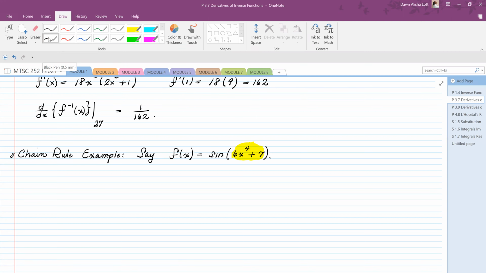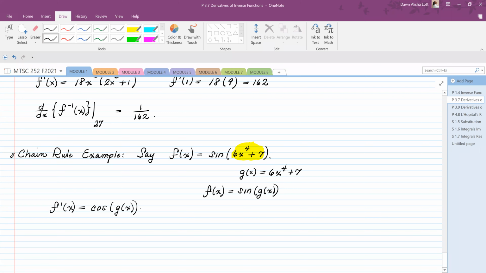So the way Eric learned it, the g of x would be 6x to the 4th plus 7, and the f of x would be the sine of g of x. Then when you take the derivative f prime, you take the derivative of the sine, which gives you the cosine of g of x, but then you multiply it by g prime of x.